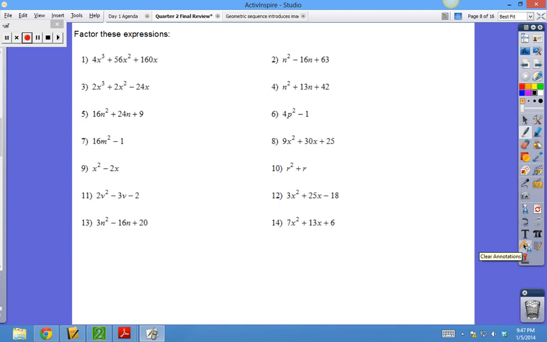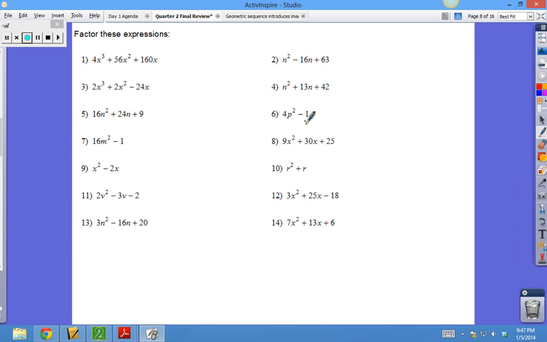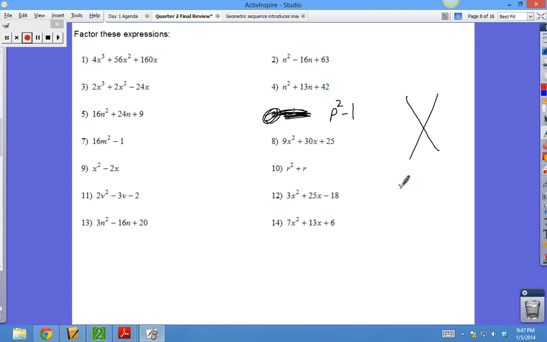6, 4p squared minus 1. Okay, this one, gosh, I won't give it to you because we haven't done it, but let's do this. p squared minus 1. I'll give you this. This one's fair. So p squared minus 1. 4p squared minus 1 is not too fair because we haven't done any. But they've got to times and give you a -1, but it has to add and give you 0.